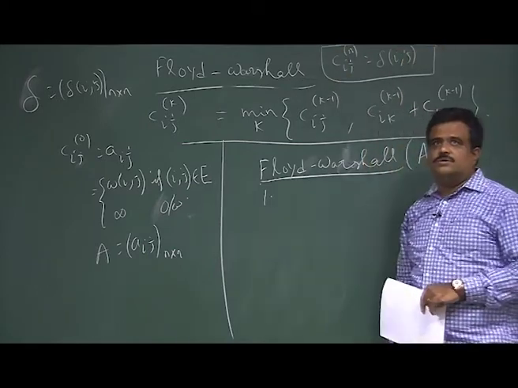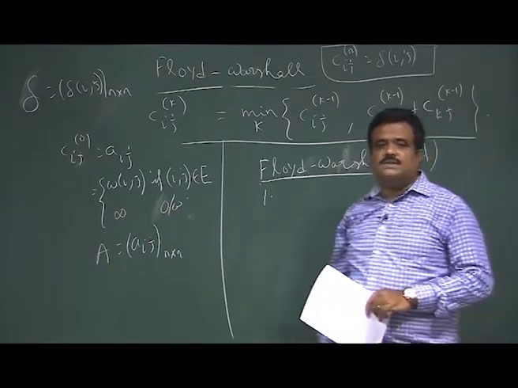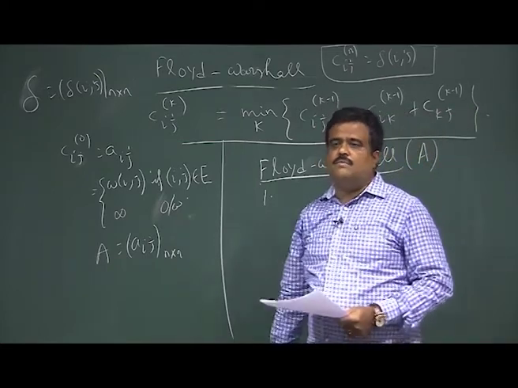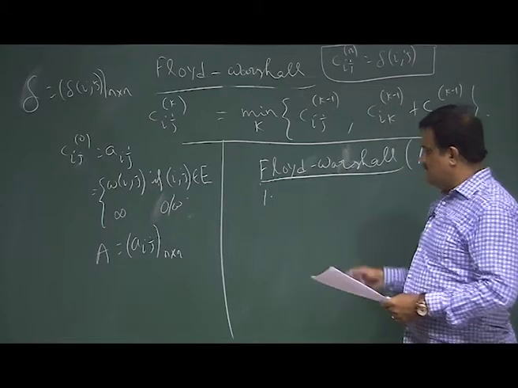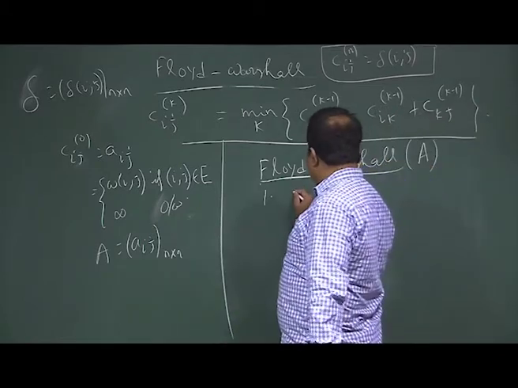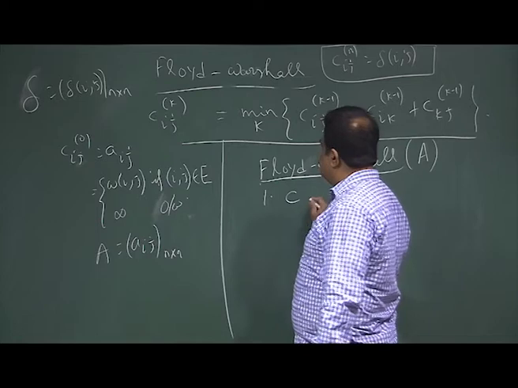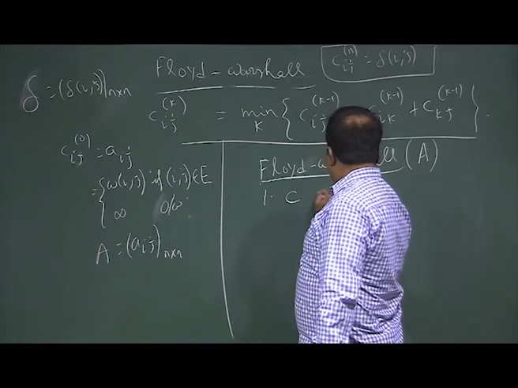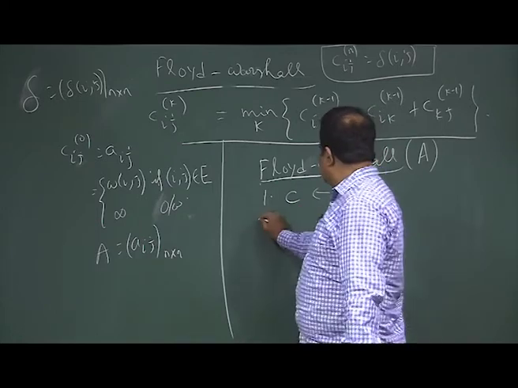That is why, if we somehow can find all the Cij k for k from 1 to n, then we get the deltas. Anyway, this is the initialization step. We want to find the C matrix, which is initialized by the A matrix.